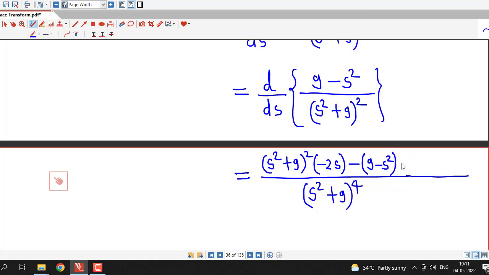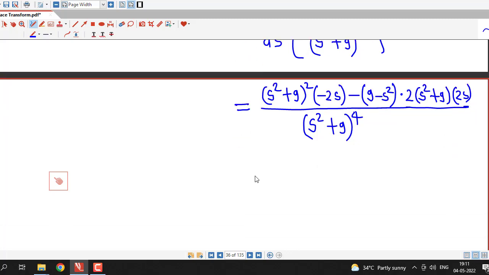Derivative of s square plus 9 whole square is 2 times s square plus 9 into derivative of s square plus 9, which is 2s. Now here if you observe, we have s square plus 9 whole square and here s square plus 9. So we can cancel out one s square plus 9 with this denominator. So we directly cancel out s square plus 9.